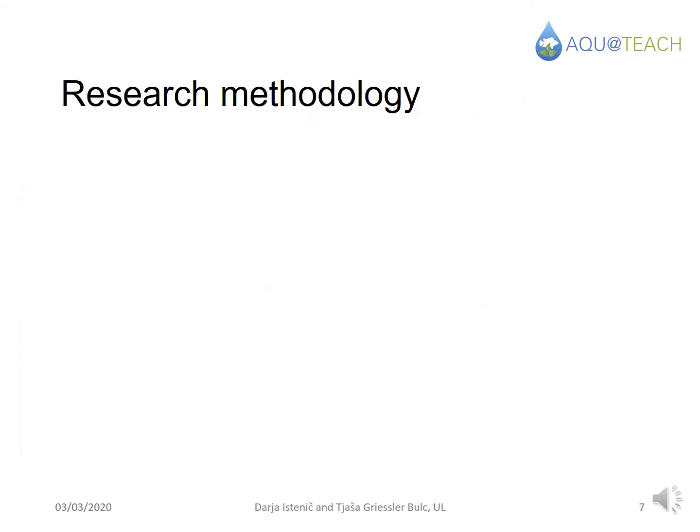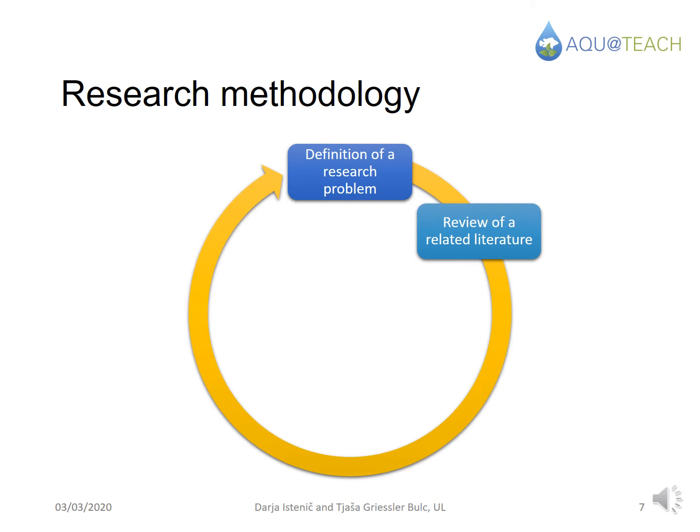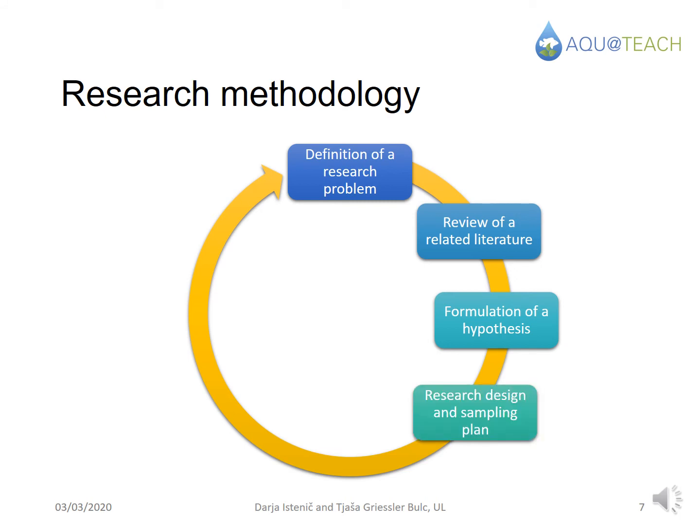Now when we went through the more theoretical part, we can start with practical instructions about how to carry out a research. A research methodology is an ongoing process that starts with definition of a research problem, followed by review of related literature and formulation of a hypothesis. Then we have to set a research design and sampling plan and execute preliminary tests or pilot study.